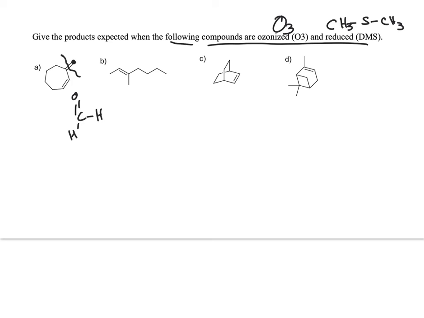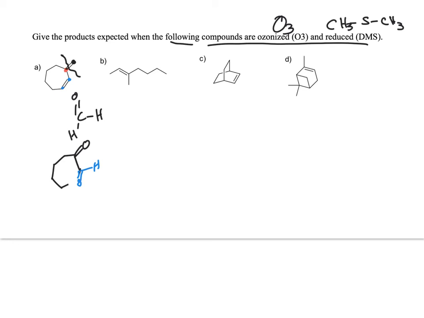And I think we have a 7-membered ring. This would give you a ketone. And then this right here would be an aldehyde. And this one also would be an aldehyde.